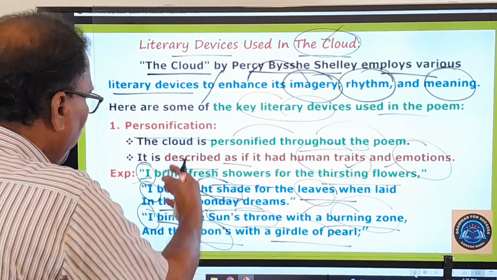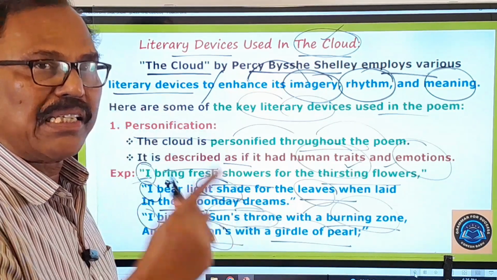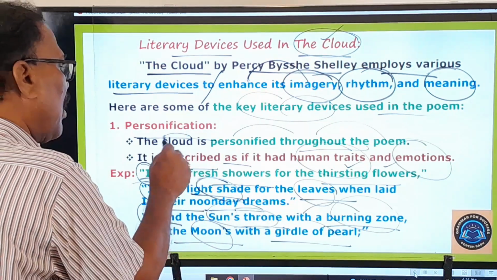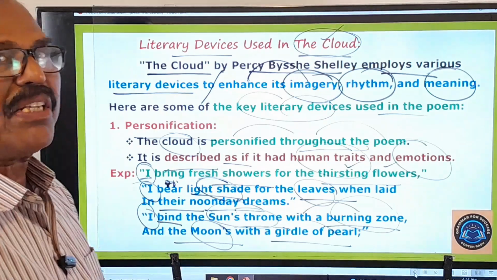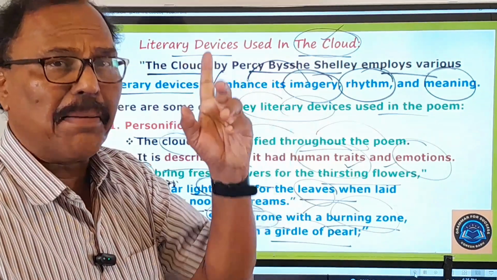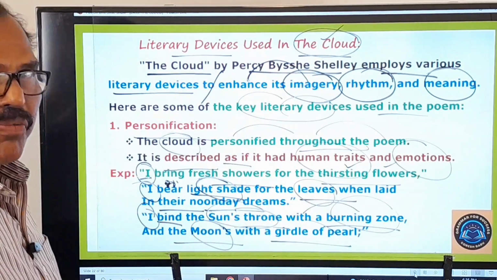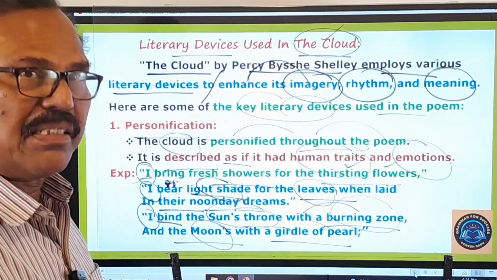So in this way, throughout the poem, the poet has personified this cloud. So therefore, we can firmly say that the most predominant literary device employed in this poem is personification. Now let's move on to learn about other literary devices.